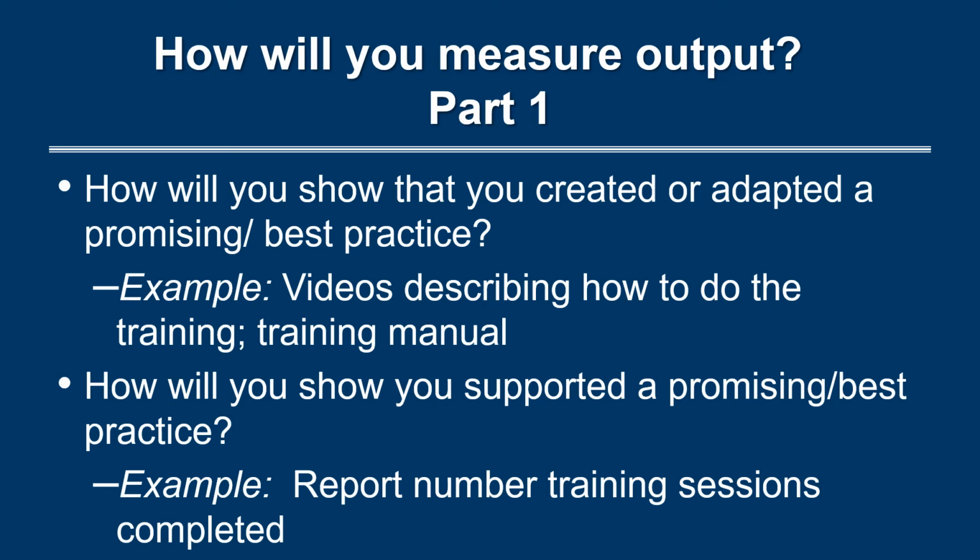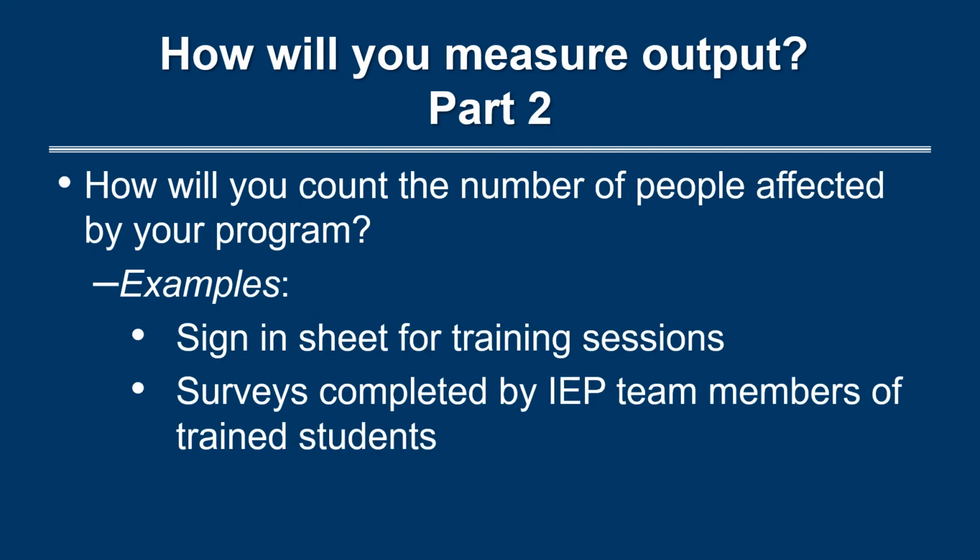If you do a training, you could report the number of training sessions completed. Here are some examples. How could you count the number of people affected by your program? If you are doing trainings, you could have a sign-in sheet for training sessions. If you're training students to participate in their IEP meetings, you could have IEP team members complete surveys on the attendance of trained students.